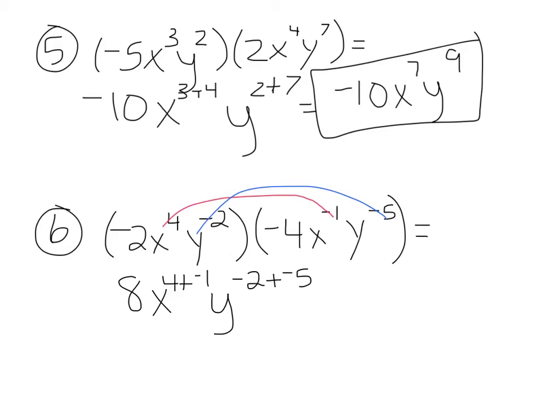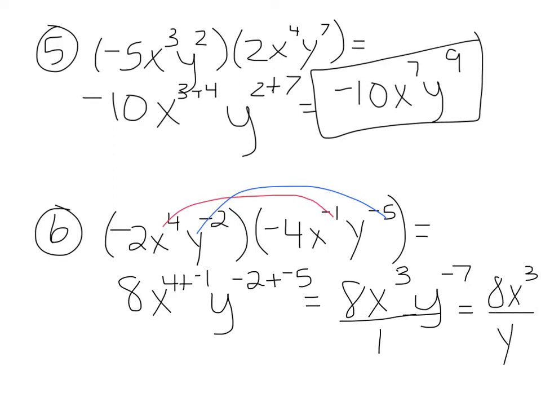Now we simplify: we have 8x, 4 plus negative 1 is 3, and negative 2 plus negative 5 is negative 7. Now we have a negative exponent, so we need to get rid of it. Put this over 1, and the only thing that needs to move is the y's. So on top you're going to have 8x to the third over y to the positive 7th. And there would be your answer. So this whole thing simplifies to just this.